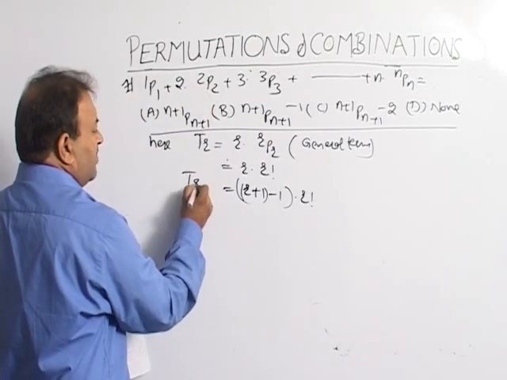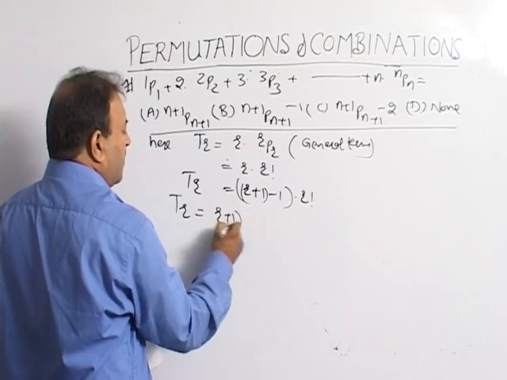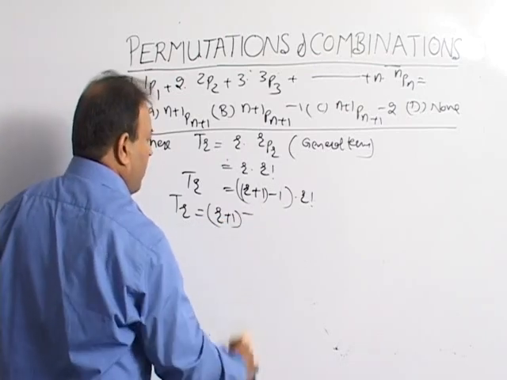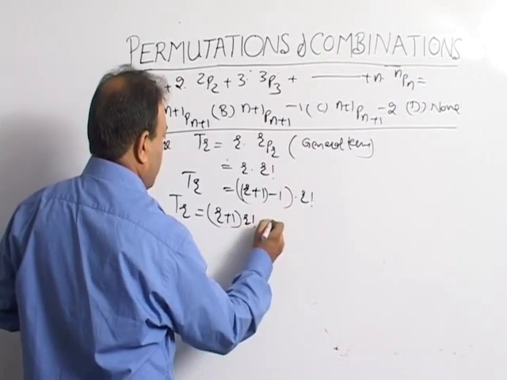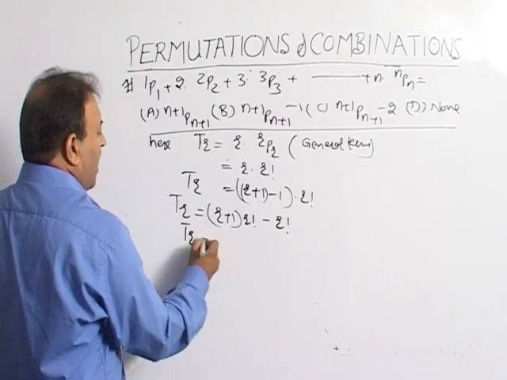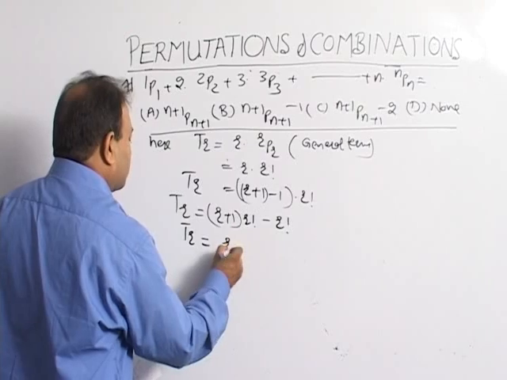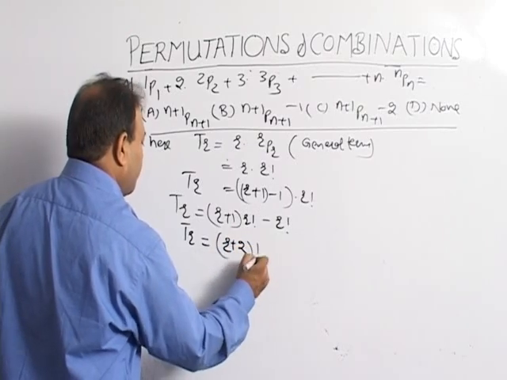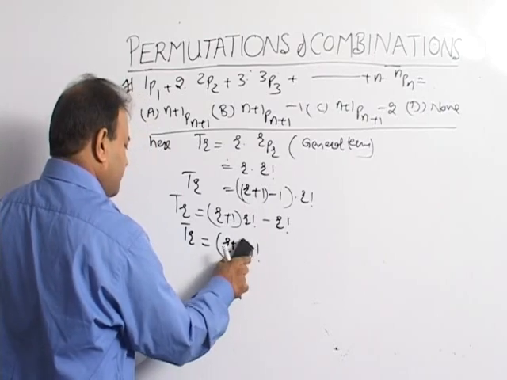Now the general term reduces to (r plus 1) into r factorial minus r factorial. So Tr is equal to (r plus 1) factorial minus r factorial.